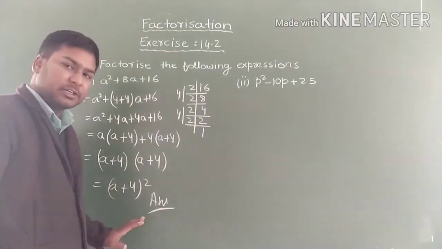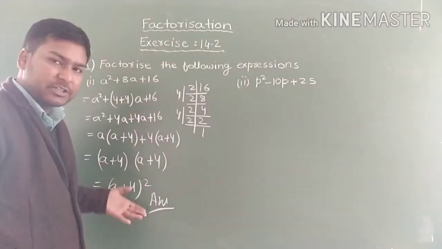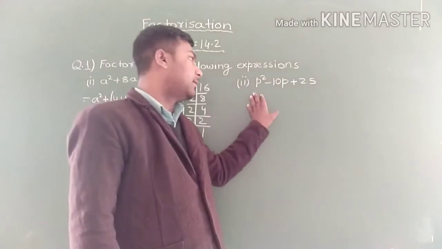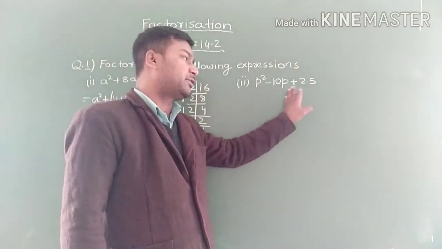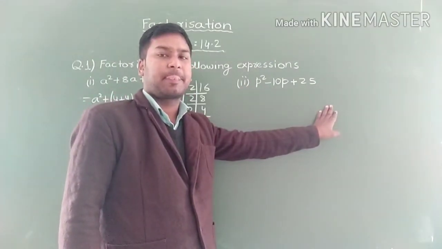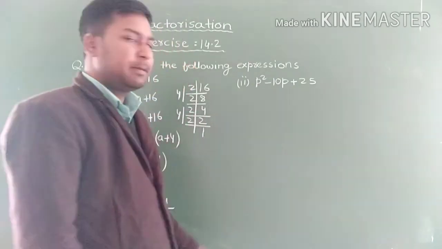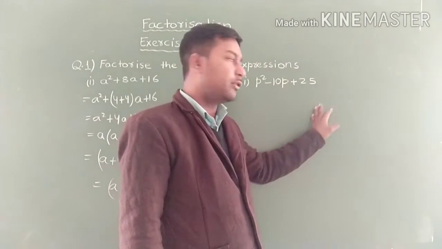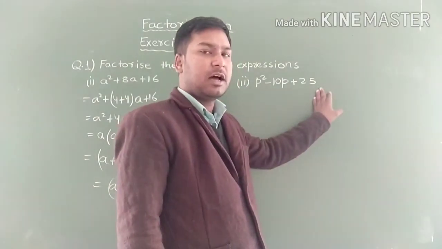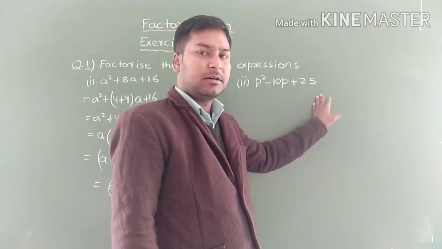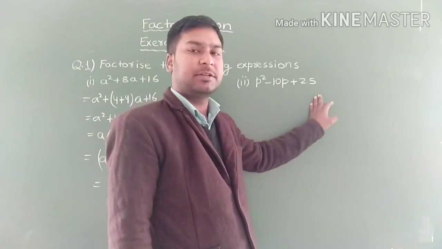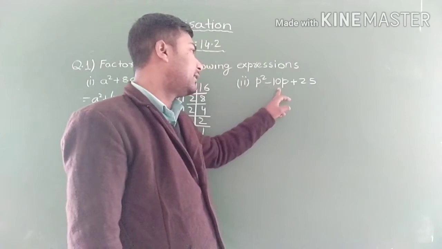Is it clear? So this was the explanation, very simple. Now next question, that is p square minus 10p plus 25. Same process we have to do. First of all, we have to find the factors of 25. After that, we have to choose two numbers that on multiplication will be 25 and on addition will be 10.